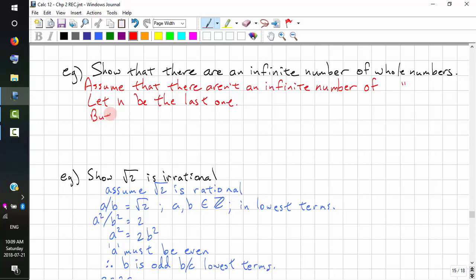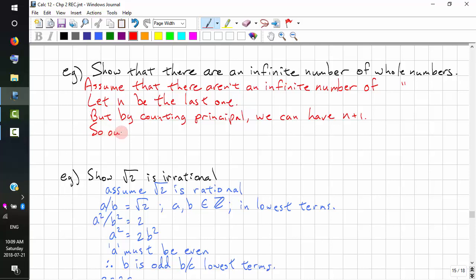But by the counting principle, we can have n plus 1.